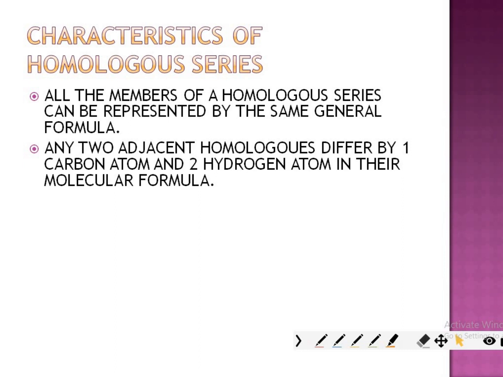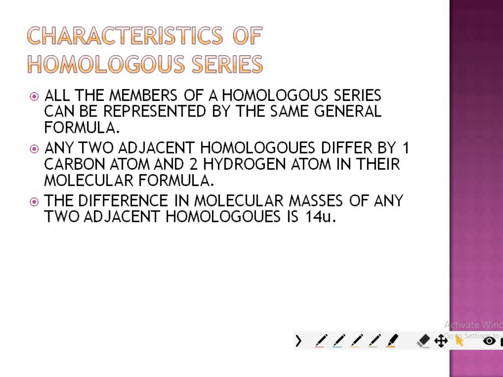In the CH2 group we have 1 carbon and 2 hydrogen, so every adjacent homologue will have 1 carbon atom and 2 hydrogen atom difference. The difference in molecular masses of any two adjacent homologues is 14 u.